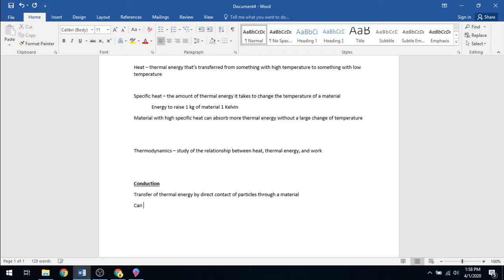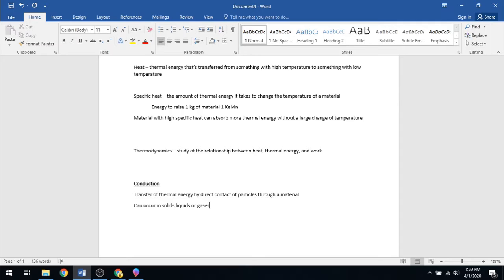Conduction can occur in solids, liquids, or gases. So you can touch a hot pot, you could stick your hand in hot water, or you could hold your hand above the hot water where the hot gas, the steam, is. Conduction's going to occur.